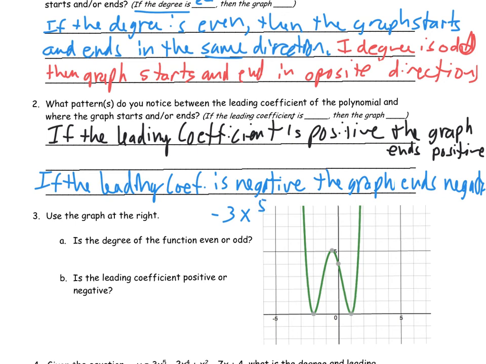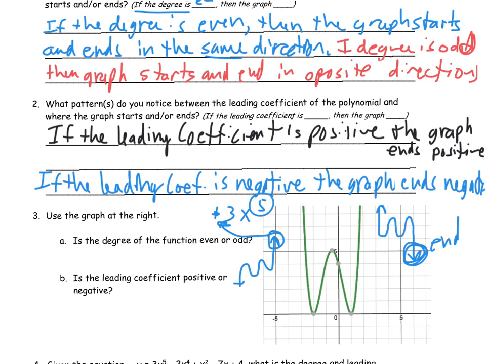That graph would be something like this, down 1, 2, 3, 4, 5. It'll start positive, but it ends negative, now it's an odd degree, right? So they're gonna start and end in opposite directions, but because the leading coefficient is negative, it's gonna end negative. But if this was a positive 3x to the 5th, then it would start like this, 1, 2, 3, 4, 5. It would start negative, but end positive because it's a positive coefficient.